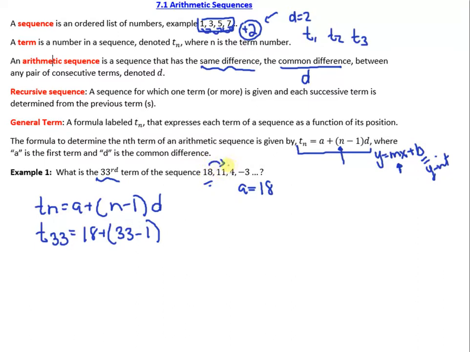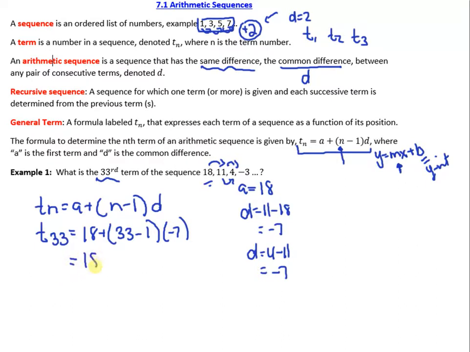So what we can do is take 11 minus 18. I get -7. And just to double check, I can do 4 minus 11. So it's going down by 7 each time. Now all we have to do is calculate.